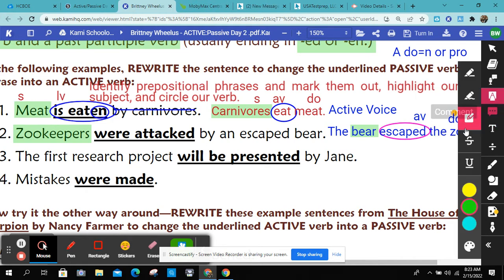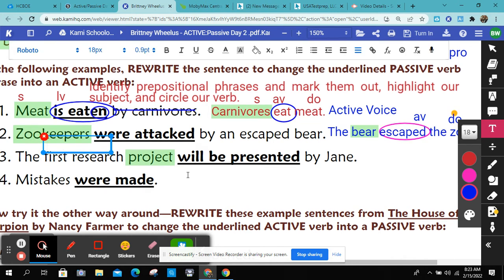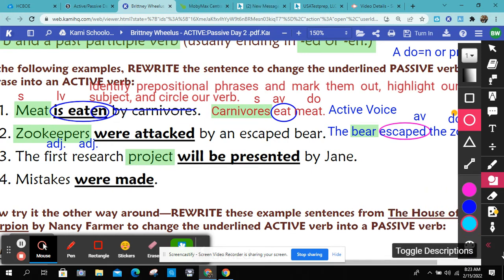Project. Okay, so what is my actual subject in number 3? Project. Now I'm going to label first and research as adjectives. Okay, what is my verb phrase in number 3?